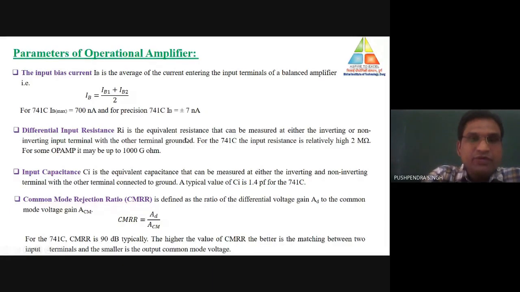The value of input resistance should be very high. In case of IC 741, its value is 2 mega ohms, or in some applications up to 1000 mega ohms or giga ohms. In ideal condition, the input resistance of an op-amp is infinite.